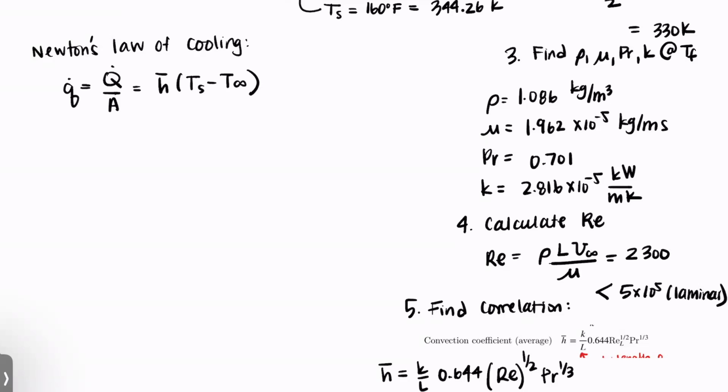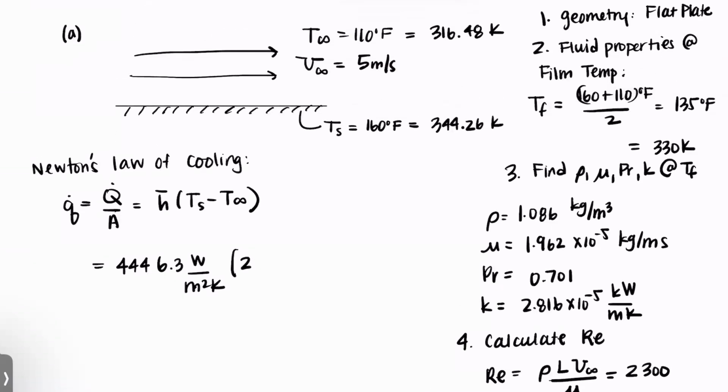All right, and so we get that this is equal to 4,446.3 watts per meter squared Kelvin times our temperature difference, which is 344.26 minus 316.48.